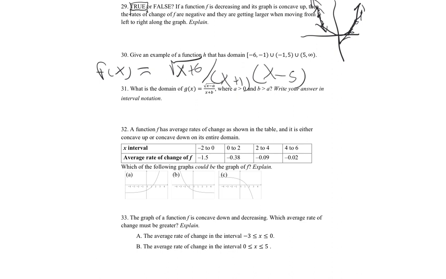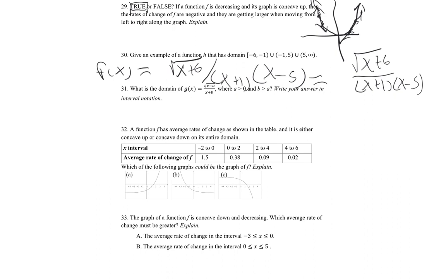I'm going to rewrite this function for visibility: root x plus 6 over x plus 1, x minus 5. Beautiful. Okay, so that's good for 30.